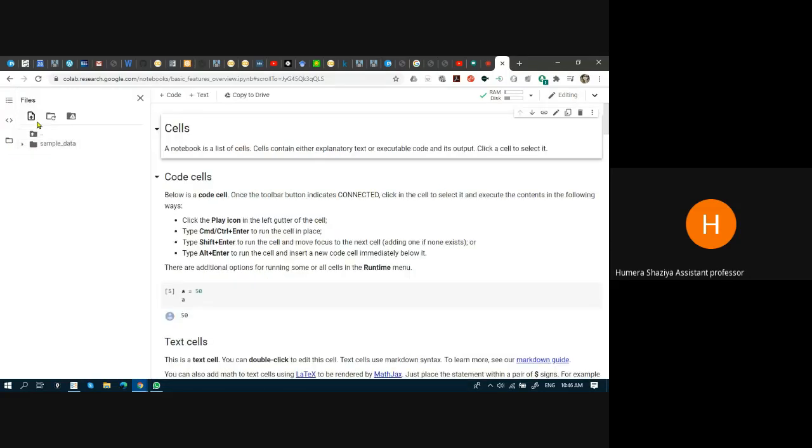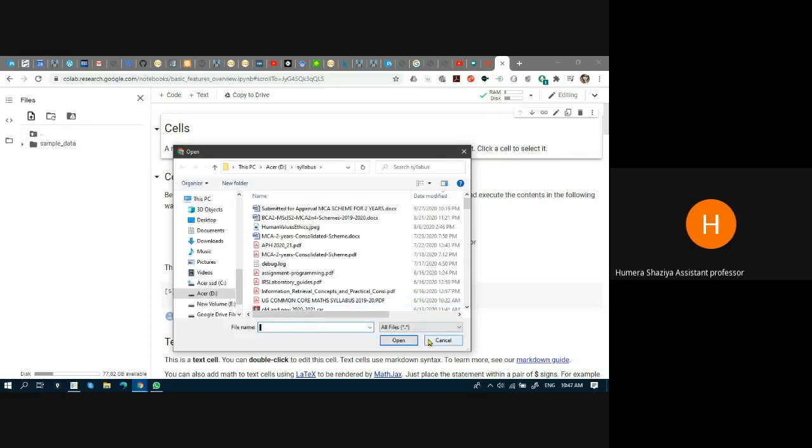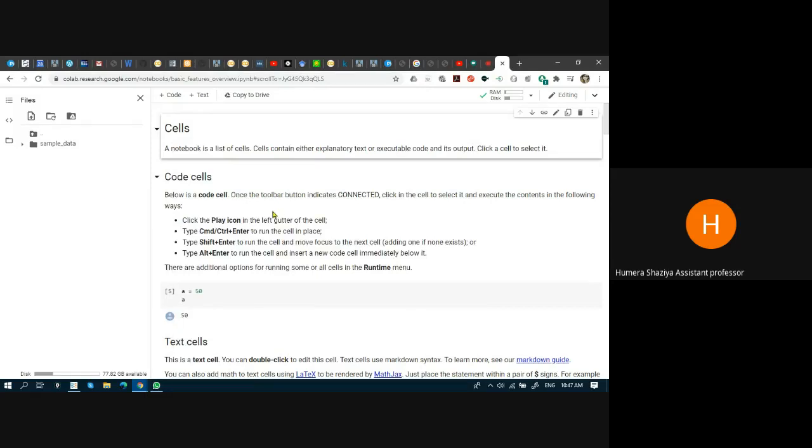This is database. You can upload data sets. This tab is related to data. This is attaching drive to this collab. This is all the folders probably. This one you can upload the file on the drive, which can be made accessible to the notebook.